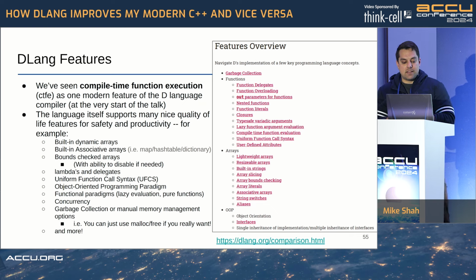It has lambdas and delegates, the equivalent of std::function, the universal function call syntax, and many different paradigms: functional programming, generic programming, object-oriented, parallel programming, and so on. It's a garbage collected language by default, or you can turn that off and do manual memory management if you need it for performance, like in the gaming examples.